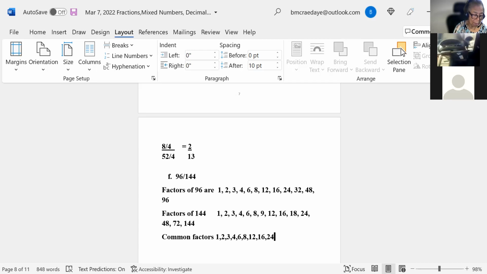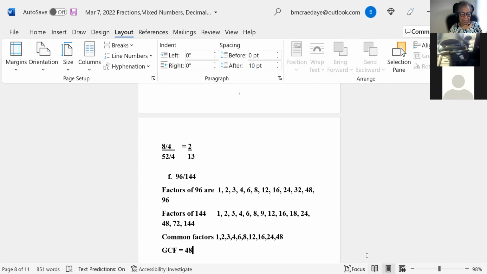That's it for the common ones, right? And what's the greatest of those? 48, right? So the greatest common factor, GCF, equals 48.